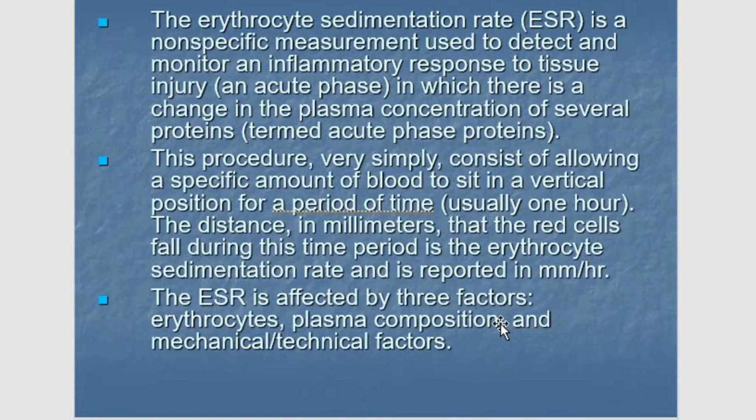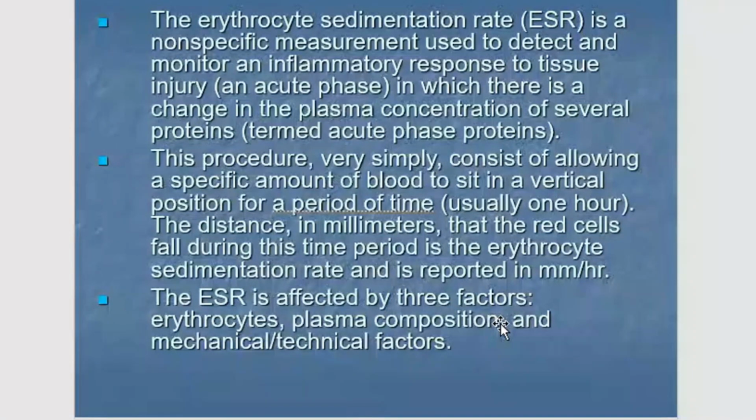And when we place this tube at a scale, there you can measure the distance that the red blood cells fall during this time period, and that will be used to report the erythrocyte sedimentation rate as millimeters per hour.